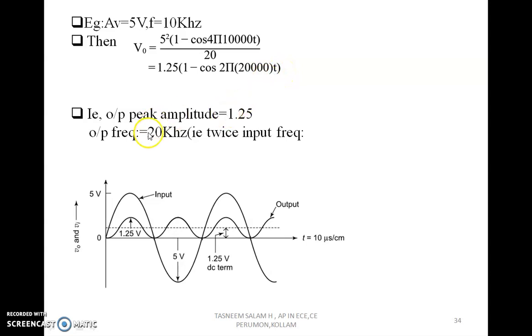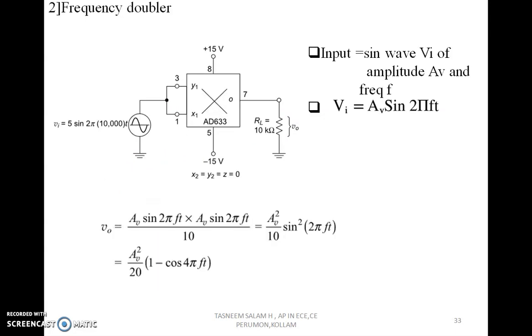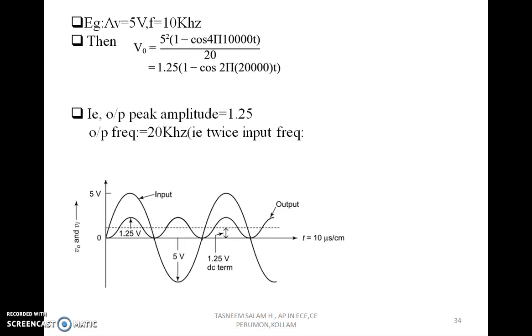We can see that the frequency has doubled. It is 20k. The input was 10k and the output is 20k. But we can see that the amplitude has reduced at the output. This is all about the frequency doubler.